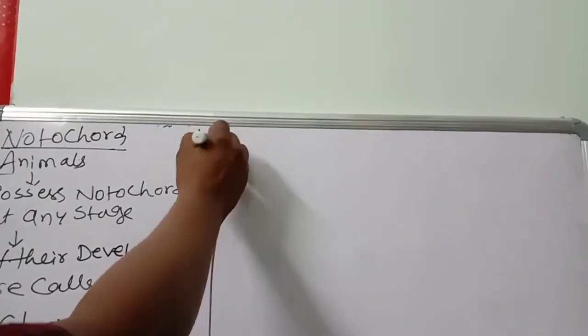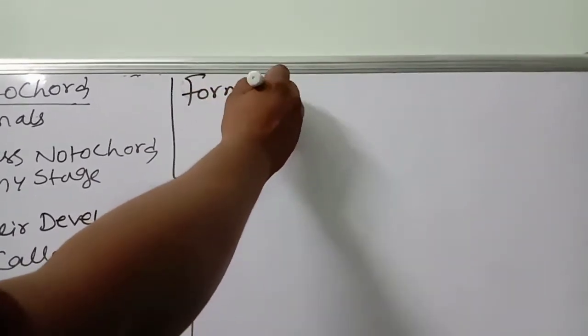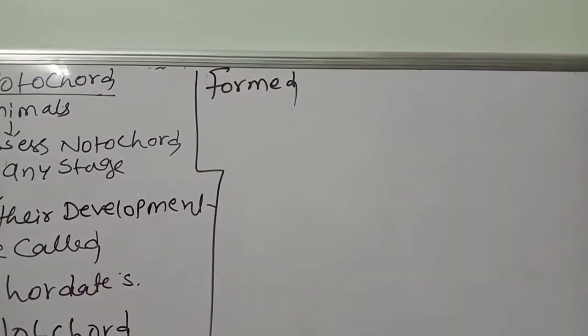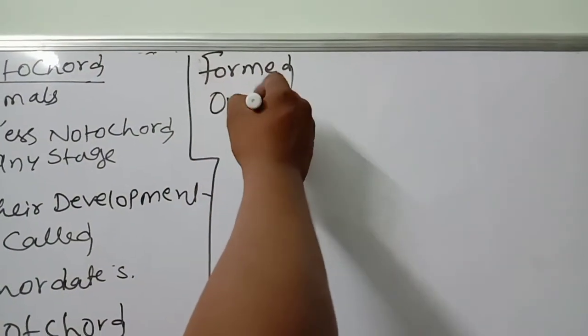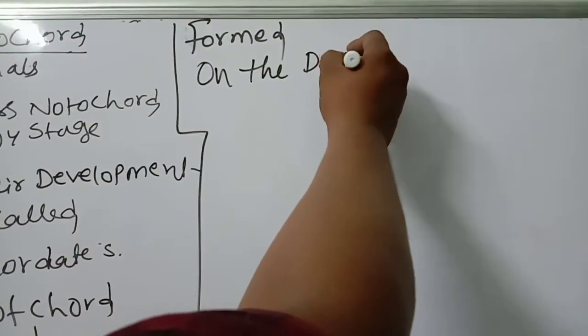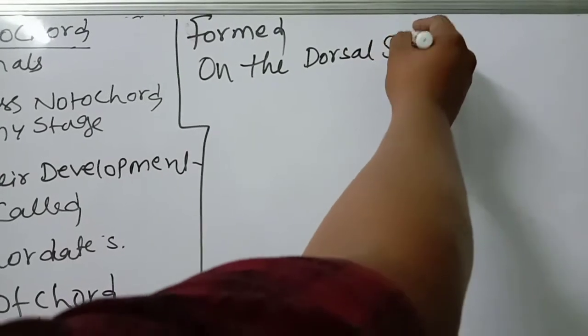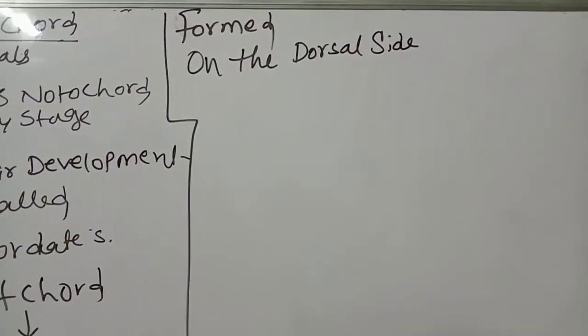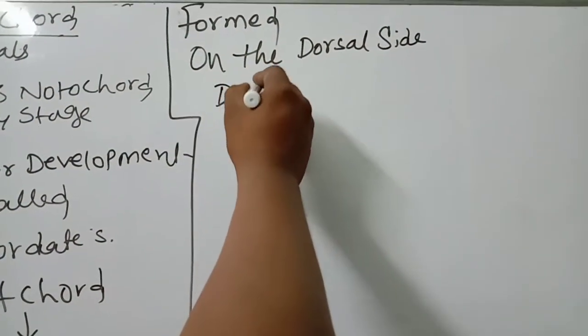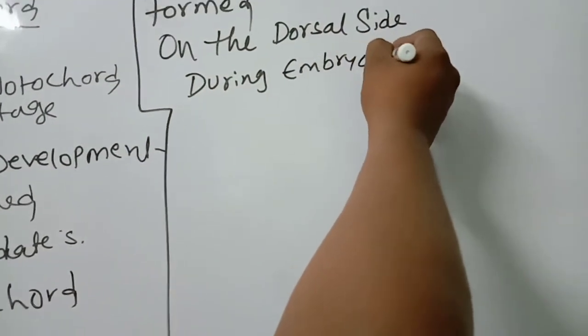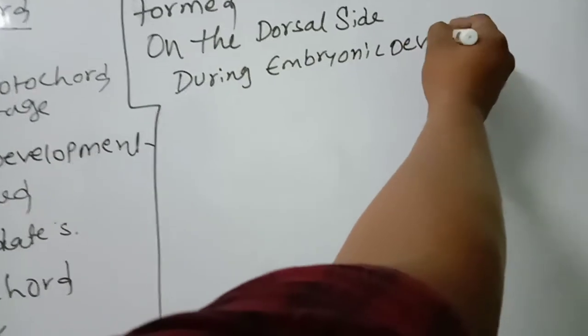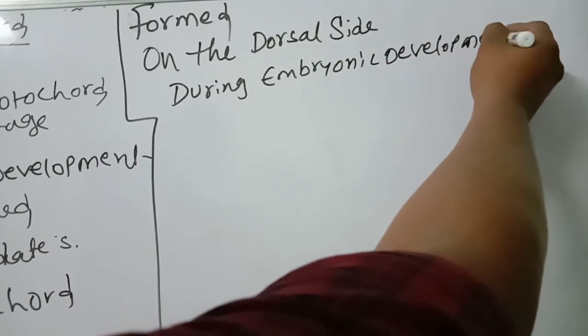This point you should remember: it is formed on the dorsal side, dorsal means upside, during embryonic development.